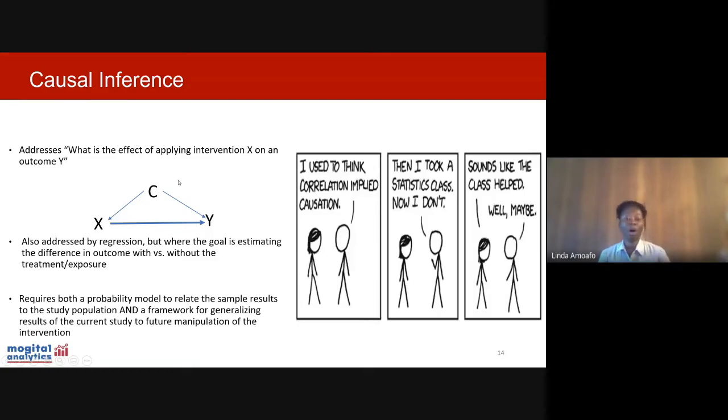There are more methods to help with causal inference, but it's mostly addressed by using regression or some propensity score model. The goal here is to estimate the difference of the outcome in the treatment or exposure group versus the people without the treatment or the exposure, whilst adjusting for all those variables.